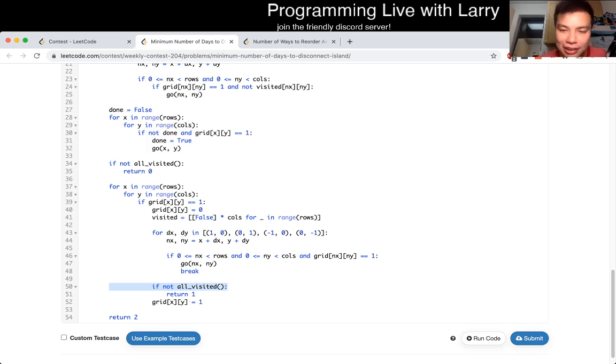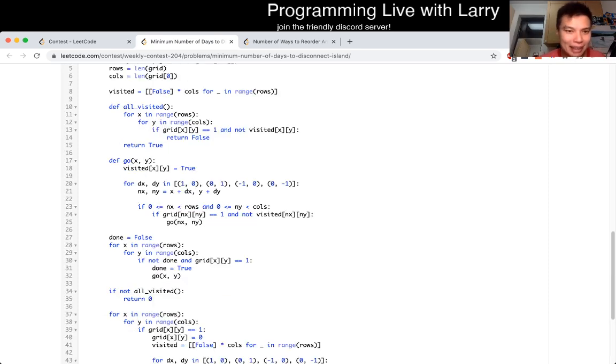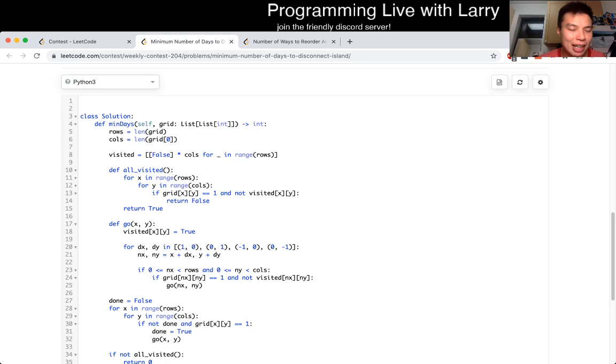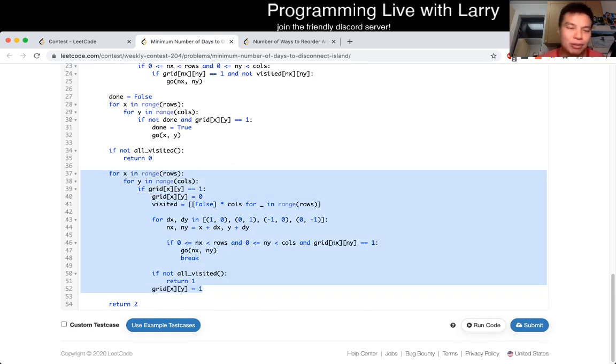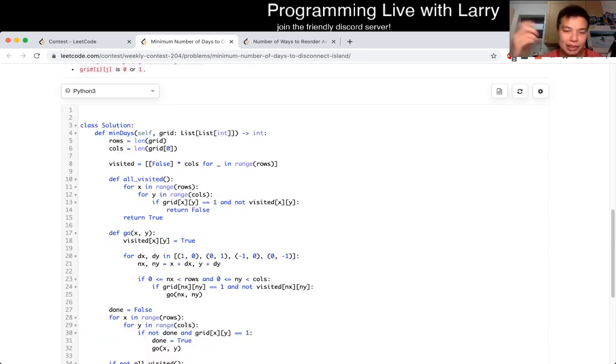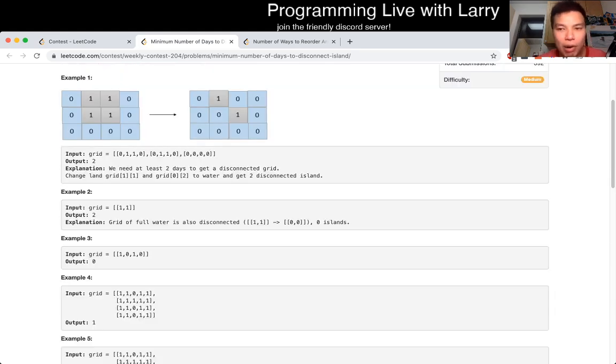So that's the time. And in space, it's going to be rows times columns for the visited state. Even with the stack space, you're only going to go rows times columns, even in the worst case. So quadratic time, linear space in the number of cells. So that's the analysis for this problem.